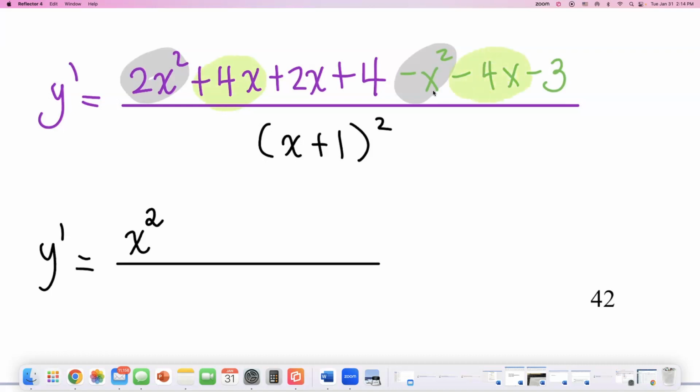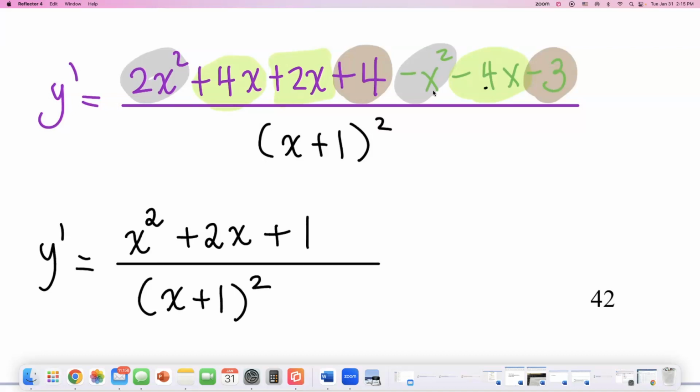I thought the x's cancel out, but there is also 2x there. So 4 and -4 cancel out, but you still have 2x. Now the constants: plus 4 and minus 3. 4 minus 3 is 1. So I wrote it down like this.